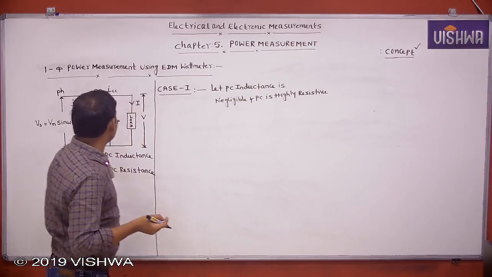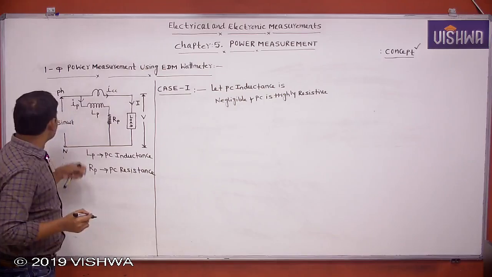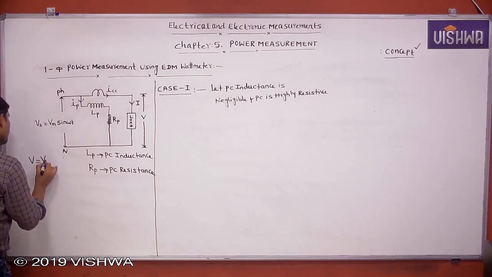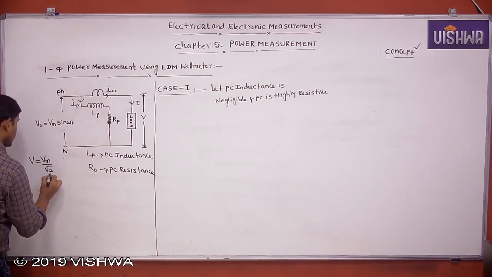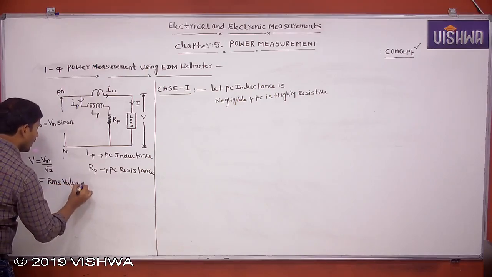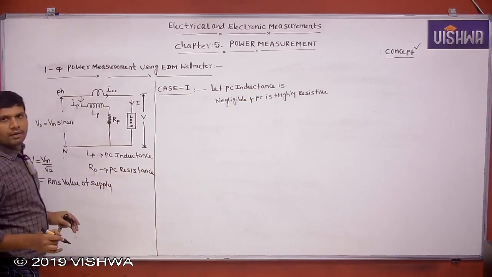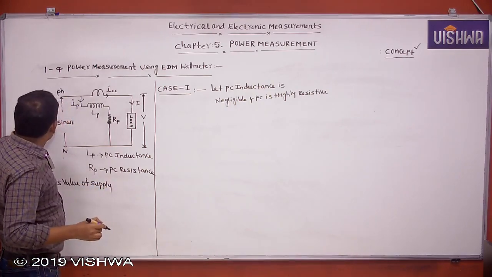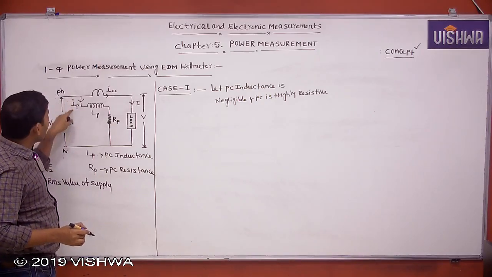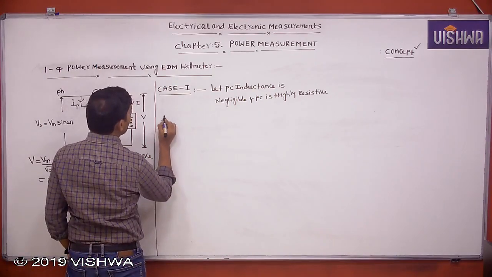Okay, now we are giving the supply voltage Vm sin omega t. Let capital V equal to Vm by root 2, which equals the RMS value of supply. Because of this Vm sin omega t supply, there is a current through pressure coil. Now I am writing the instantaneous value of pressure coil current.